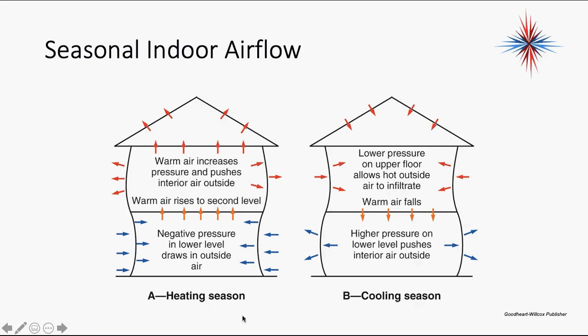And again, we're going to talk more about that in the pressures, but this is just a very great diagram of how it shows. Now in the cooling season, our house is cooler, we hope, than the outdoor environment. So the warm air falls as it cools off, becomes cool, and falls to the bottom portion of the house.